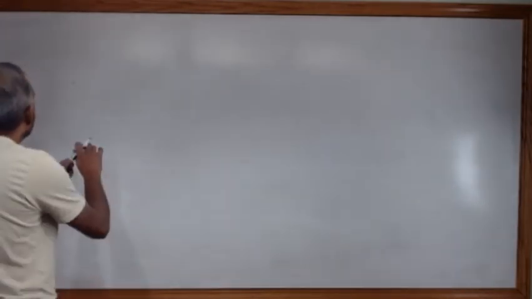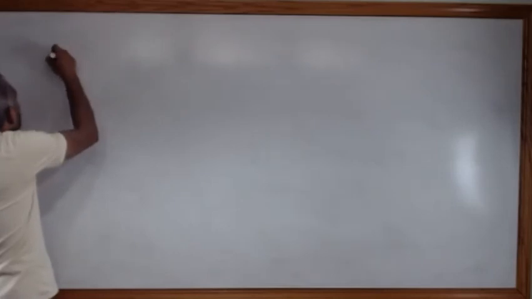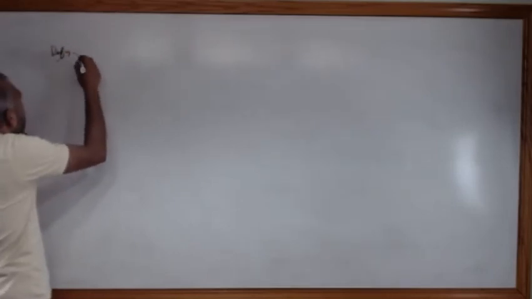And that implies G is cyclic. Now we'll do a simple definition here. Definition.